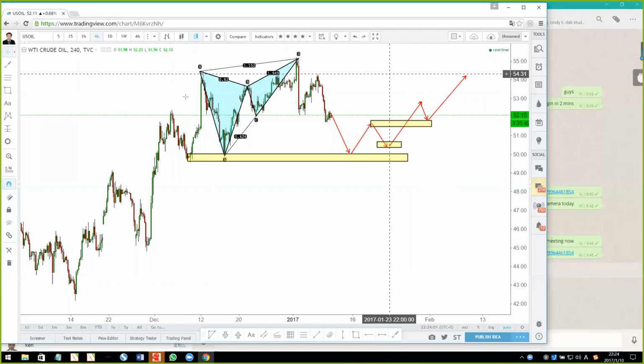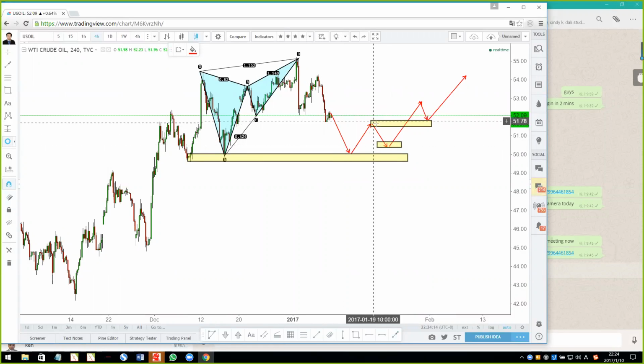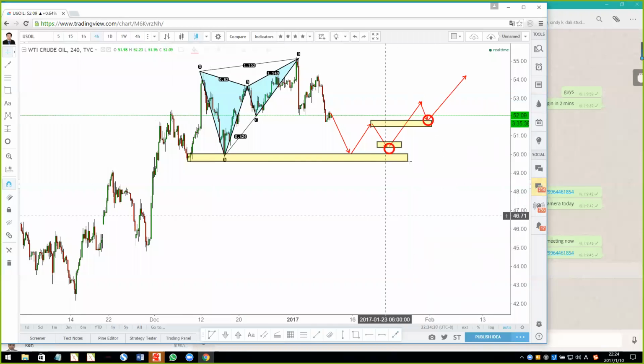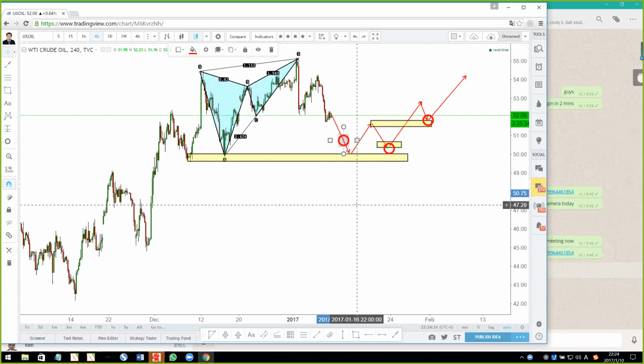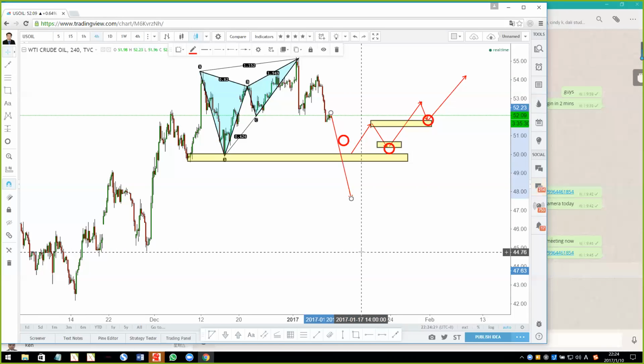So if you really want to buy, you better wait for the price's second test to not break the new low. Here is an opportunity, and here is another opportunity. These two, okay, but not here, not here, because the price may just go below the structure.